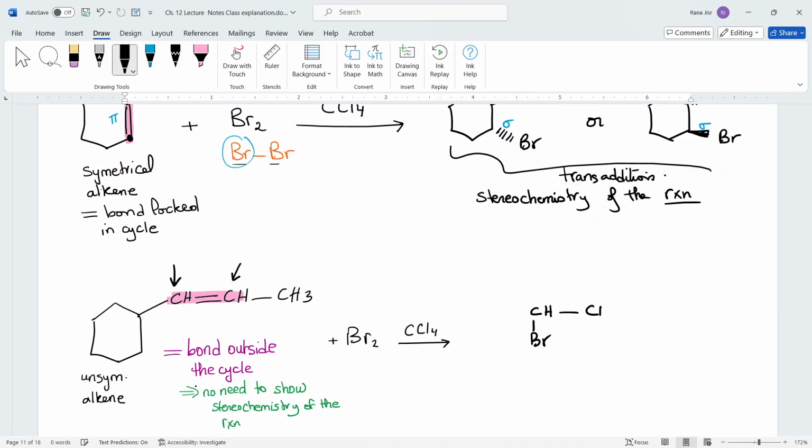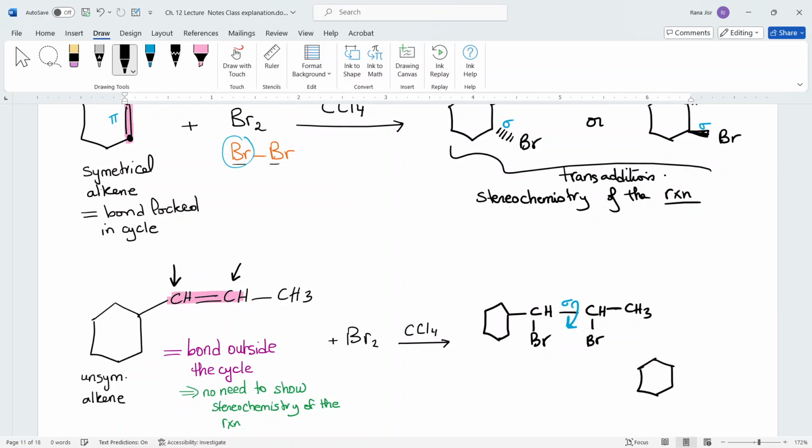So I'm going to end up having a hydrogen, a bromine in here, and then a CH3. And this is your cycle in there. So I can have a simple rotation around the sigma bond, and I can easily rotate.